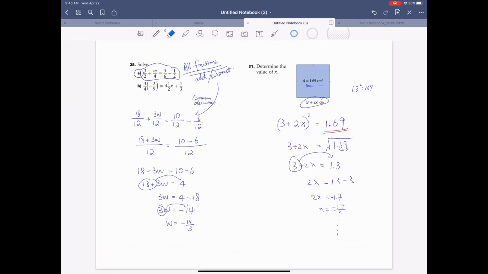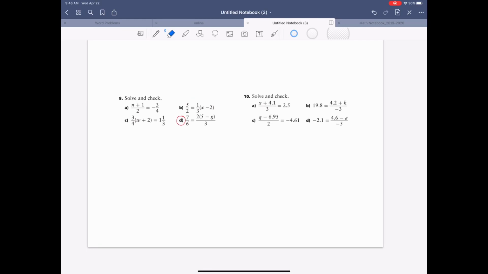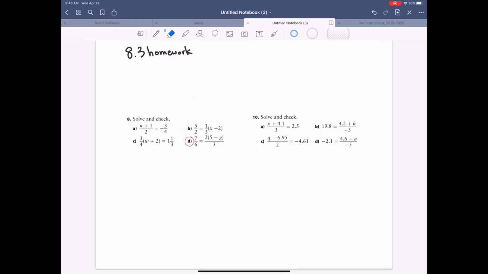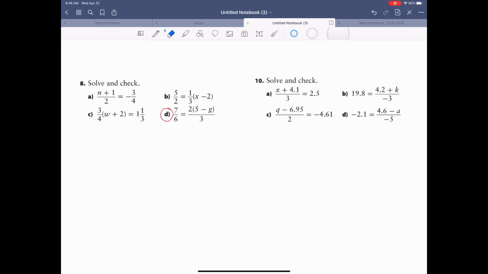Okay, next. Finally, 8.3. For 8 and 10, I'm gonna pick a few to do, okay? So I'm not gonna do all of them. So 8D, in this case, you have fraction. You can do cross multiplication here. So 3 times 7 will equal to 6 times 2 times 5 minus g, like that.